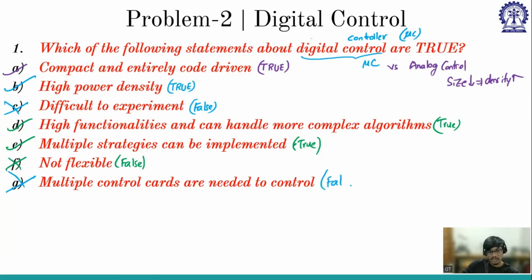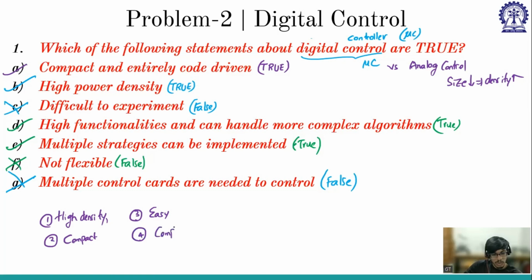So like this slide, we can also summarize. The conclusion for microcontrollers: it has high density, or you can say small size, compared to analog control. It is compact and completely code driven, it is easy to do experiments, and it has the functionality to implement complex algorithms easily.